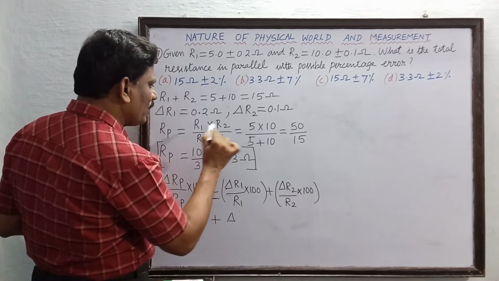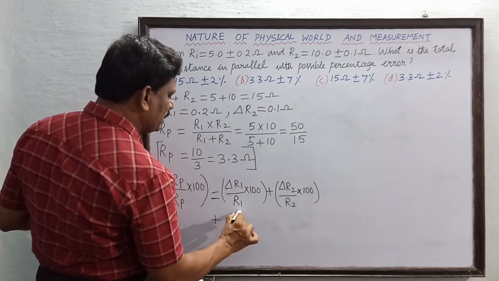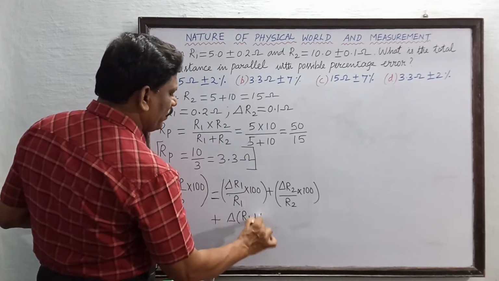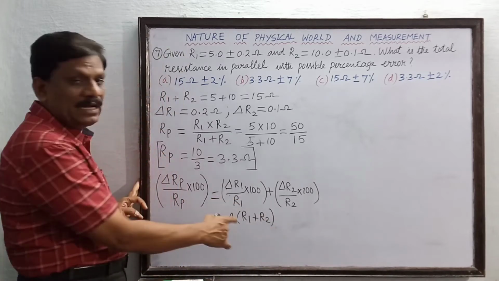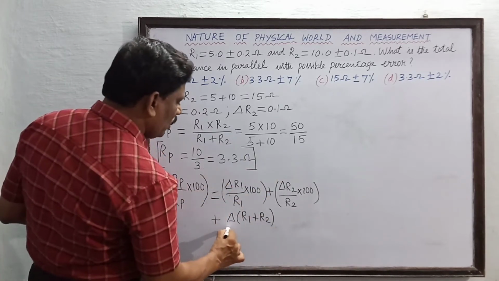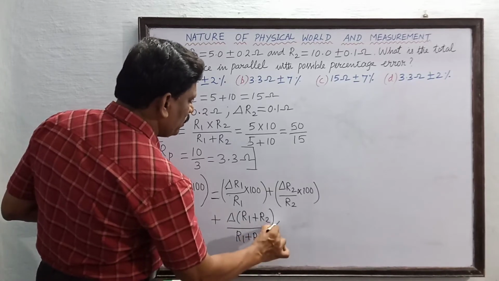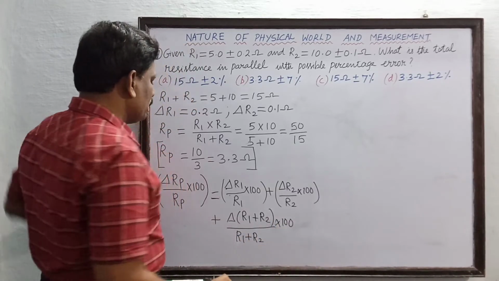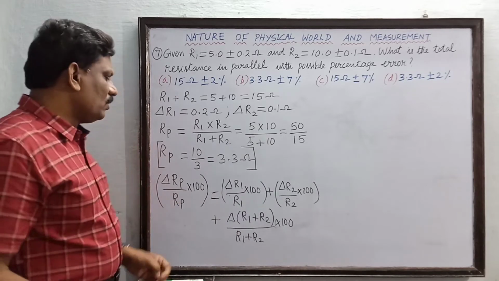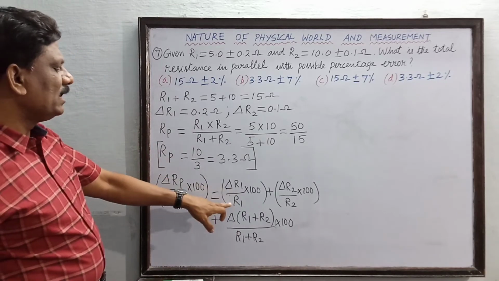So it is delta R1 plus delta R2, whole divided by R1 plus R2 into 100. These are in percentages. Now, what is the delta R1?